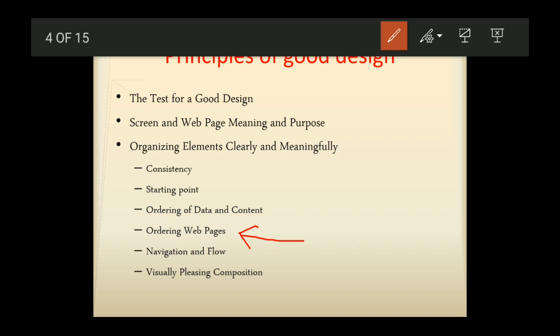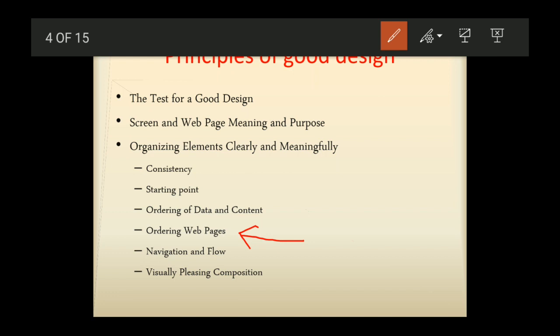We also need to place important items at the top of the page, always concentrate on organizing information clearly, and place important items consistently throughout the web page, and the structure should be very easy for comparison. All these things have to be taken care of when we are trying to order a web page.